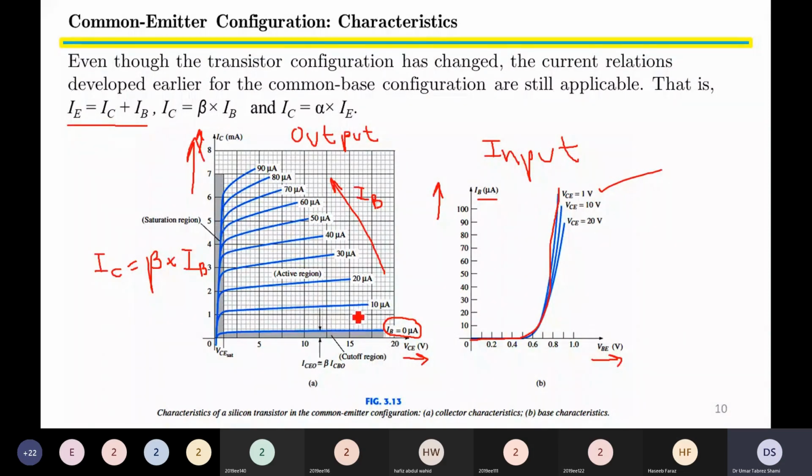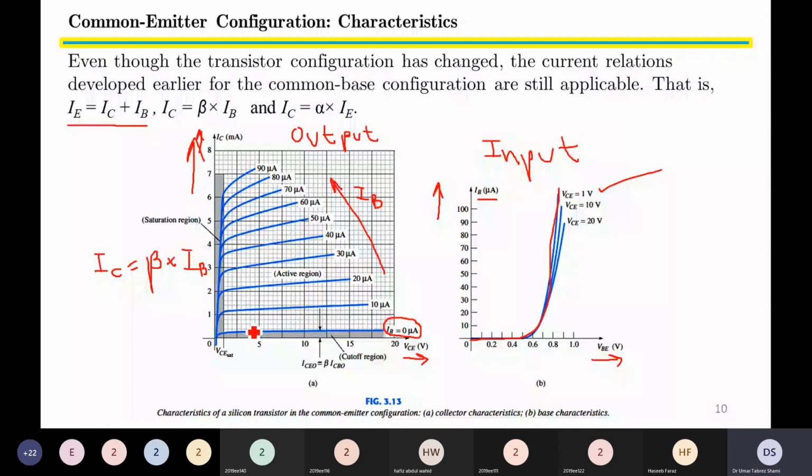This is exactly what is happening. As base current increases, first 10 microampere, then 20, 30, 40, 50, up to 90 microampere, we observe an increase in the collector characteristics also.